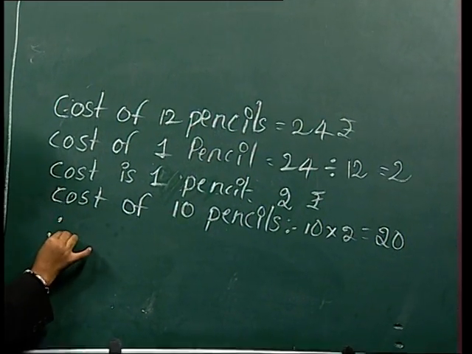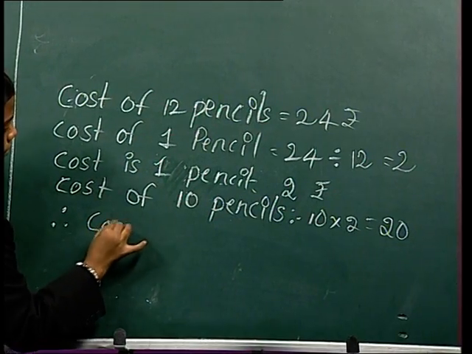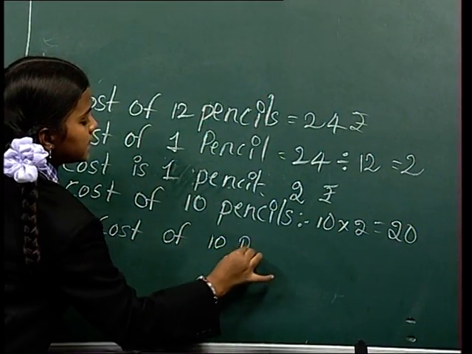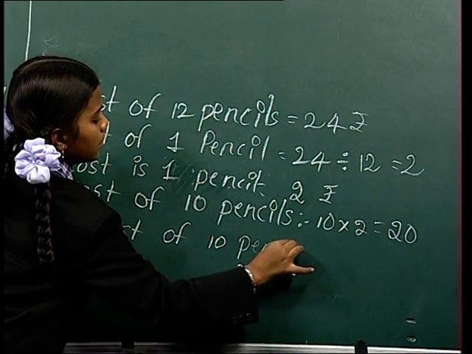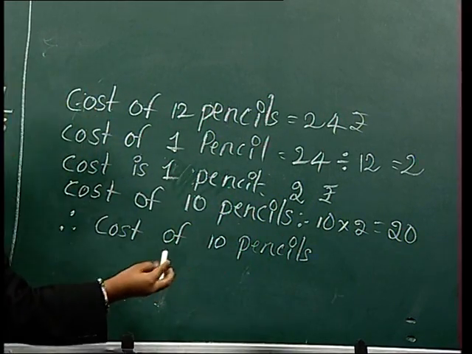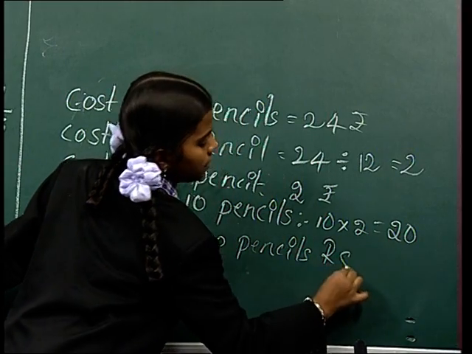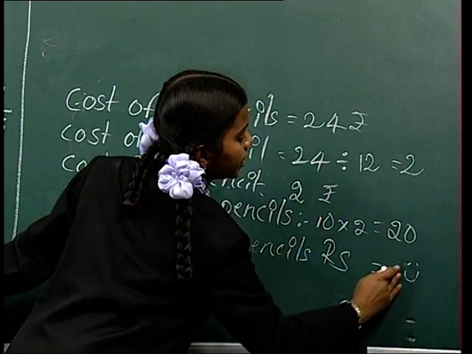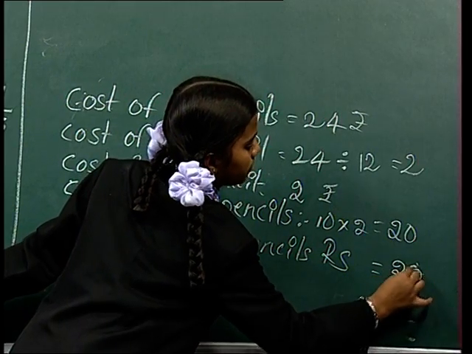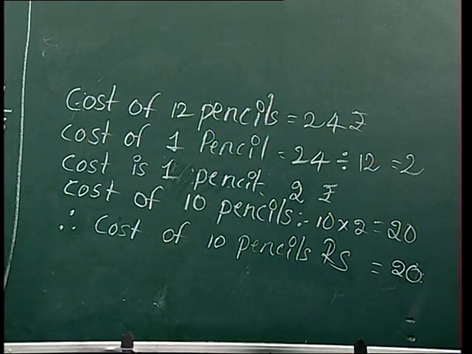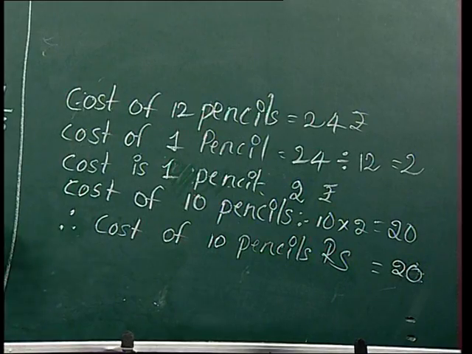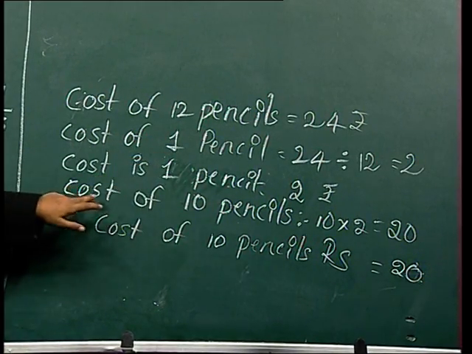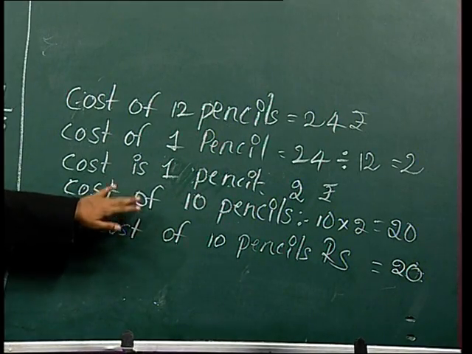Therefore, the cost of 12 pencils is 24 rupees, the cost of one pencil is 2 rupees, and the cost of 10 pencils is 20 rupees.